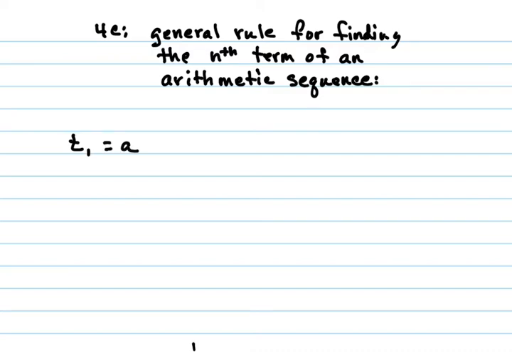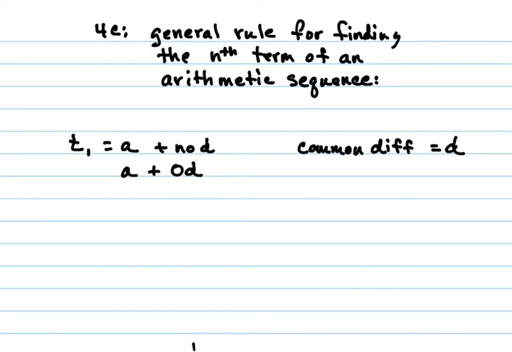And we know it's an arithmetic sequence if we have that common difference, which we call D. And to get the first term, we don't add anything to it, do we? So it's the first term, you add no D's, right? And the number for no D's is 0.